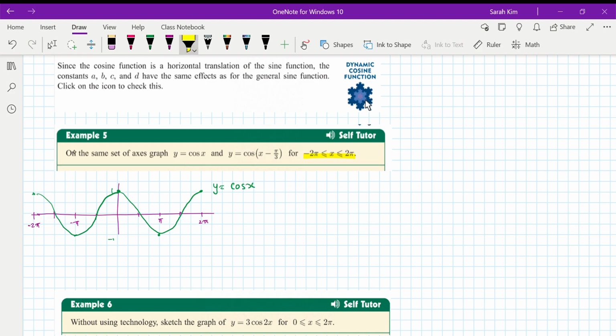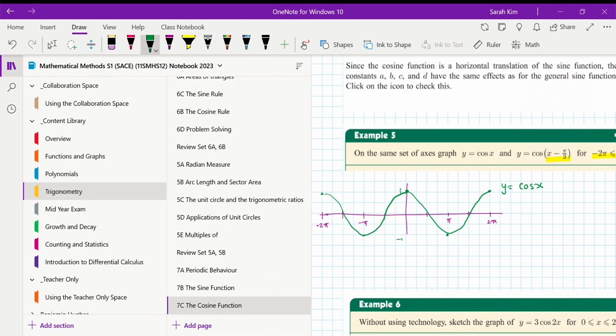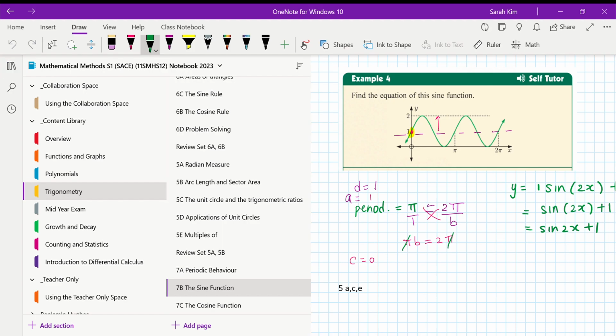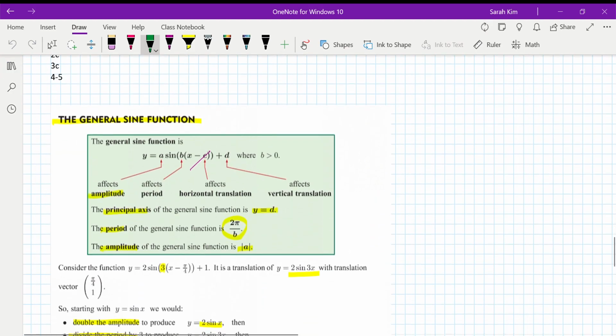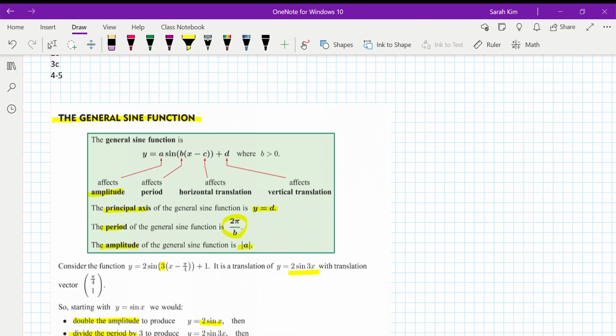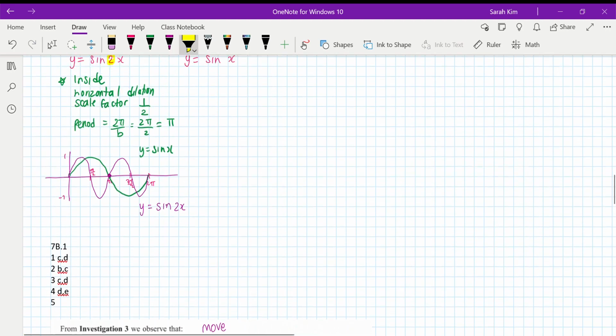And now I have to do the one with minus pi over 3. Let's go back and quickly have a look at what the different variables meant. It was inside the bracket, so it was a horizontal translation. Let's go back and read some of those notes.